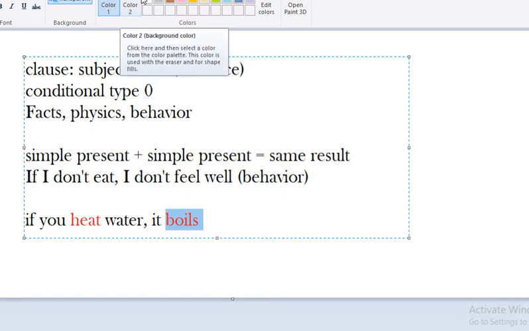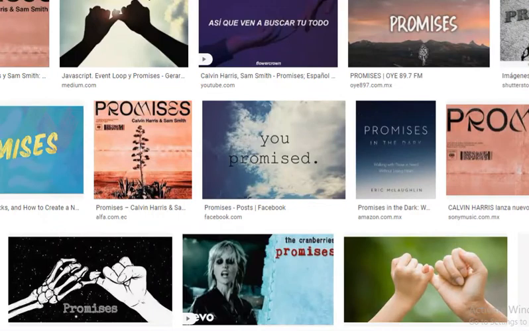Now we will look at conditional type 1. Let's see a couple of examples of conditional type 1. All right. Well, the conditional type 1 is about possibilities.